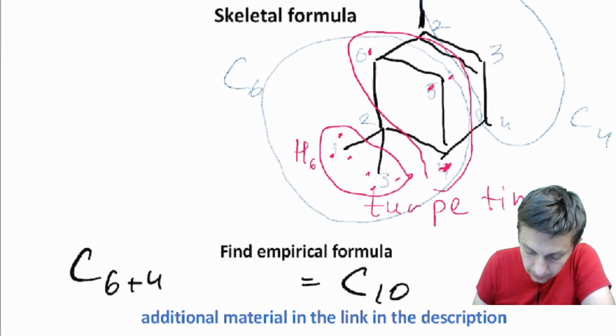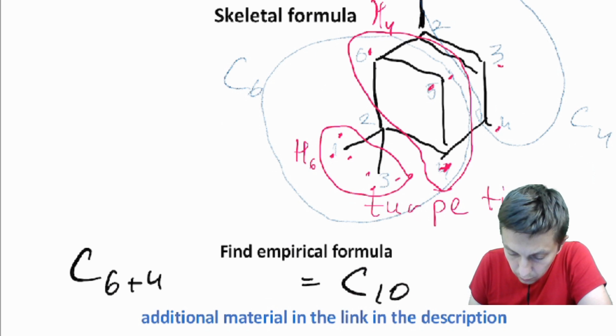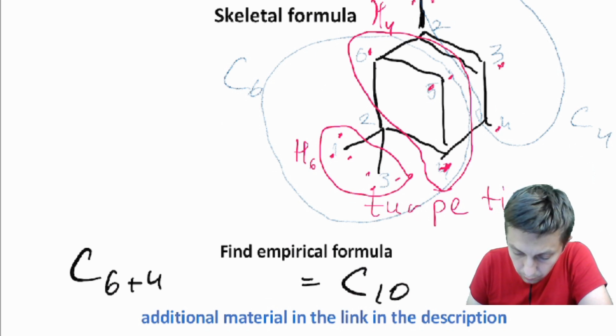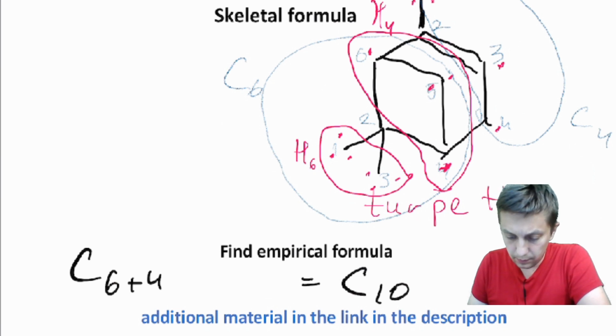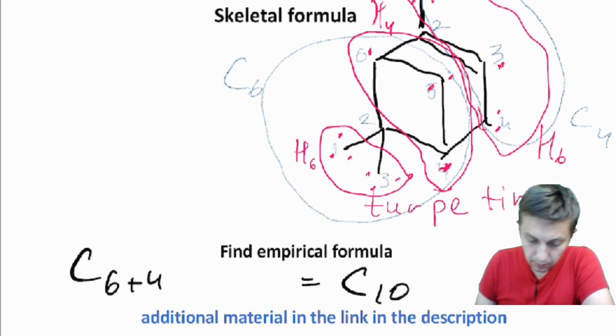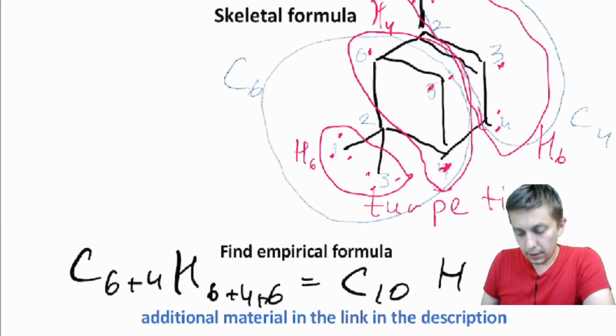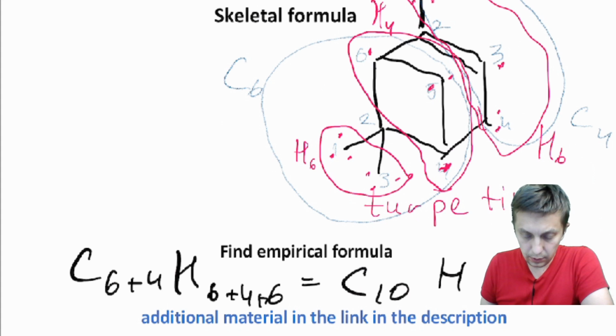This fragment is H4, and 1, 2, 3, 4, 5, 6. Okay, this fragment is H6. So we have hydrogen 6 plus 4 plus 6, or C10H16.